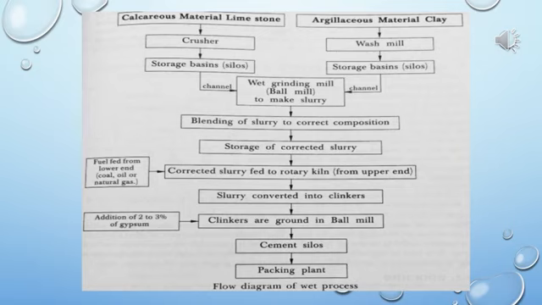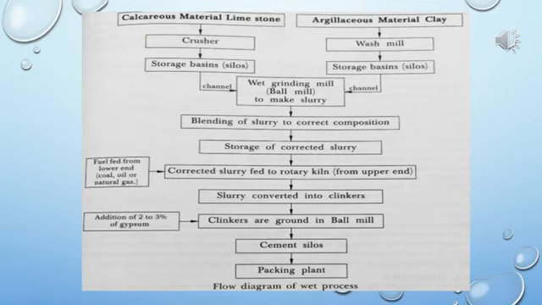When the clinker is formed, there is the grinding of clinker with the gypsum. So here the clinkers are ground in a ball mill with 2 to 3% gypsum.